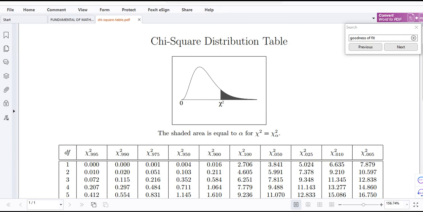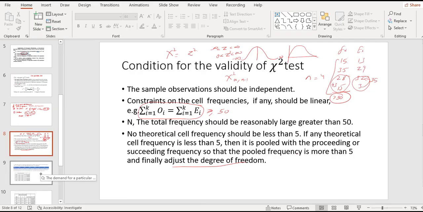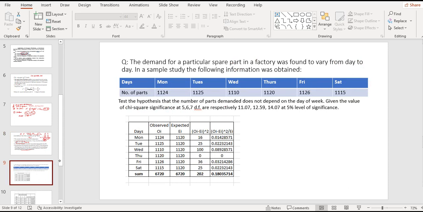Okay, so to understand this criteria, let us consider one problem on the basis of the chi-square distribution. The question is: the demand for a particular spare part in a factory was found to vary from day to day. In a sample study, the following information was obtained.